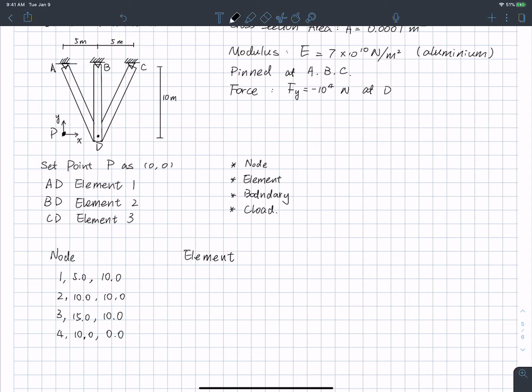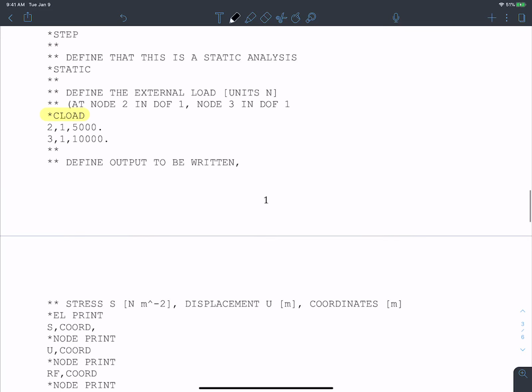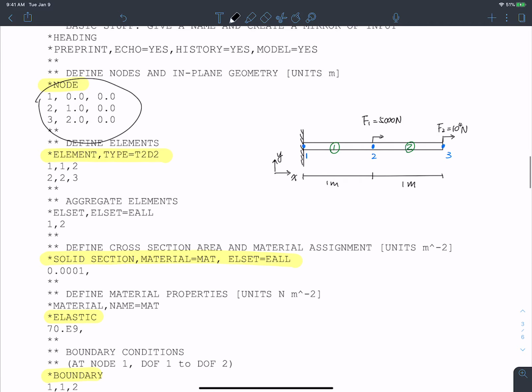So we're going to look at element 1, which is AD here. So it's element 1, and then the first node is node A, which in this case is 1. Second node is node D, which is 4. Second element is node 2 to node 4. And the third element is node 3 to node 4. Again, the element part should be switched out to here.